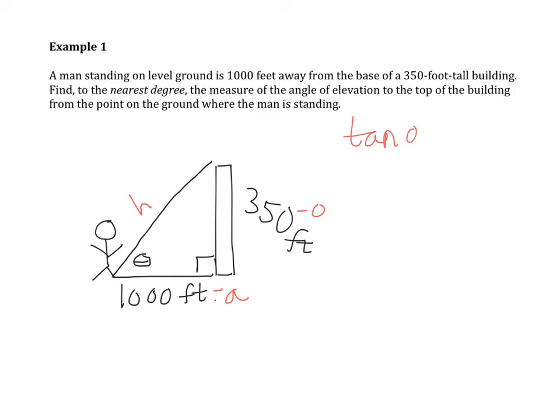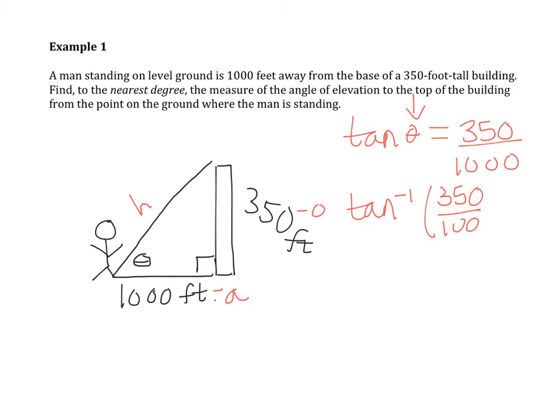So tangent of the angle, which is what we're looking for, is equal to 350, the opposite side, over the adjacent side of 1,000. So since we're looking for this angle measure, we have to use its inverse function with the ratio of the sides, thus finding theta. And we're going to find to the nearest degree, so we're rounding to the nearest whole degree.